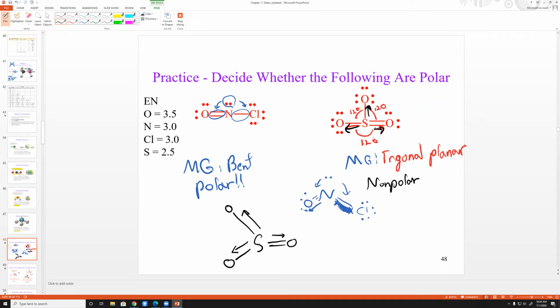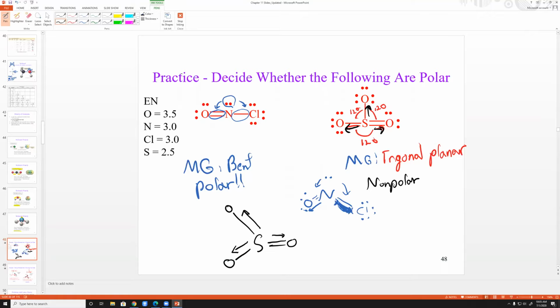Even though a singular sulfur-oxygen bond is polar, the fact that the whole molecule is symmetrical means the electrons will pull in equal and opposite directions, making it non-polar. So basically, the molecular geometry tells you if it's symmetrical. If it is symmetrical, it's non-polar.